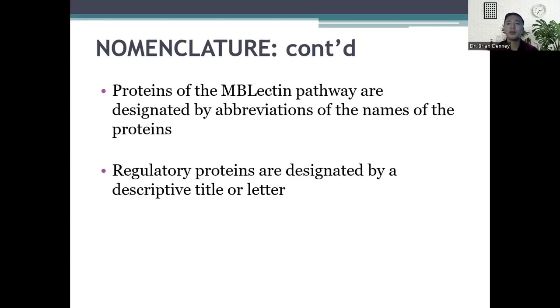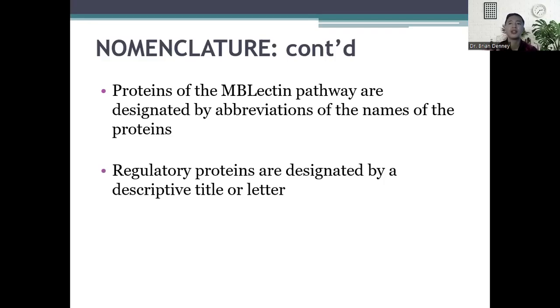So we have actually three proteins who are major participants of your MBL pathway. We have MBL, the abbreviation for mannose binding lectin. So we have MBL1, MBL2, MBL3. Diba? You don't need to spell out the words mannose binding lectin.